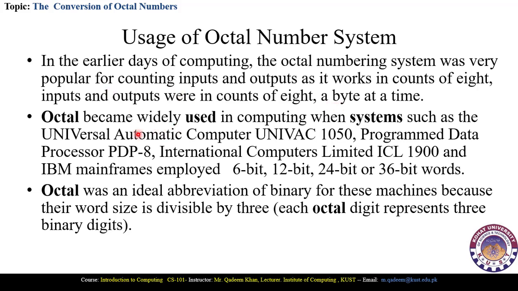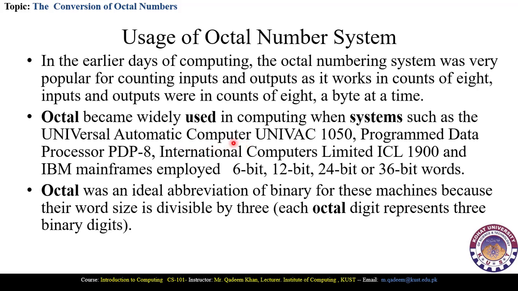Octal number systems are widely used by systems such as the Universal Automatic Computer, that is in short UNIVAC 1050. This was the first digital computer which was in fact invented, and that computer was using the octal number system.